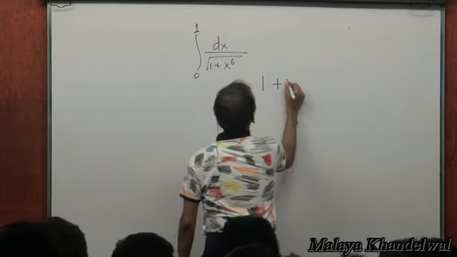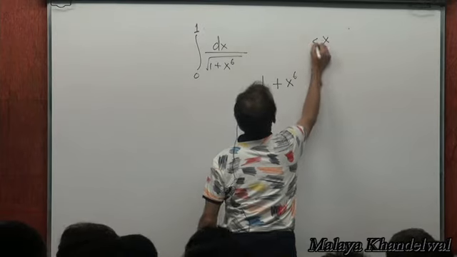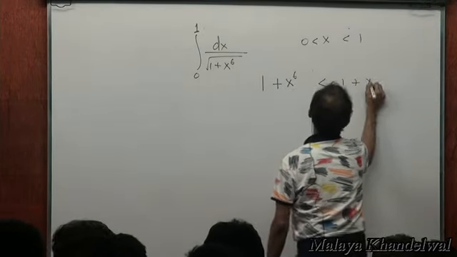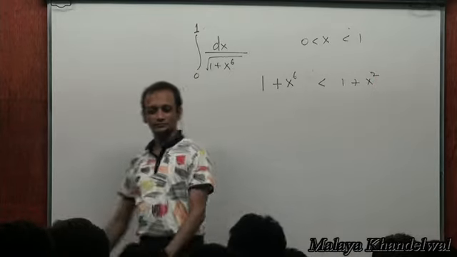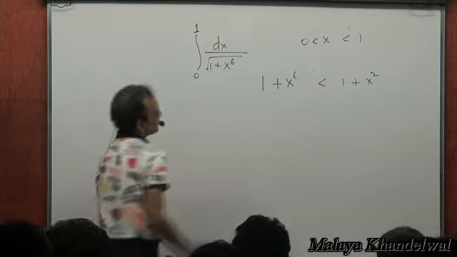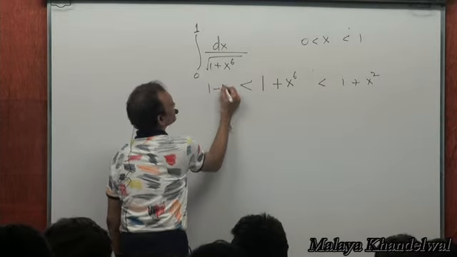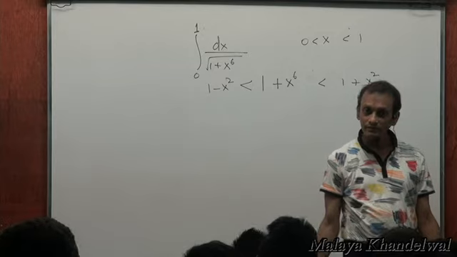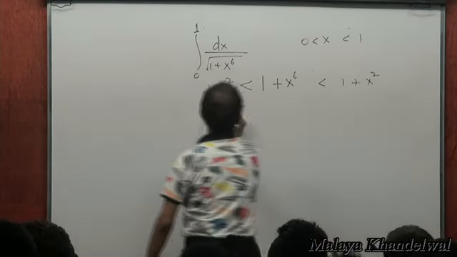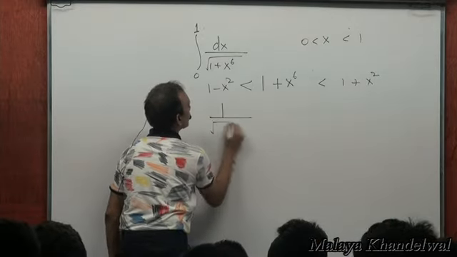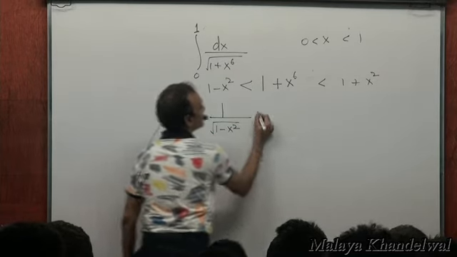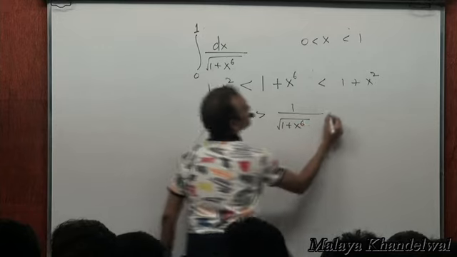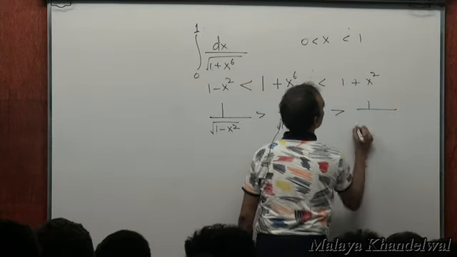Now 1 plus x power 6 in the interval 0 to 1, do you realize is less than 1 plus x squared? But of course it is greater than 1 minus x squared. Take the reciprocal and square root: 1 by root 1 minus x squared greater than 1 by root 1 plus x power 6 greater than 1 by root 1 plus x squared.